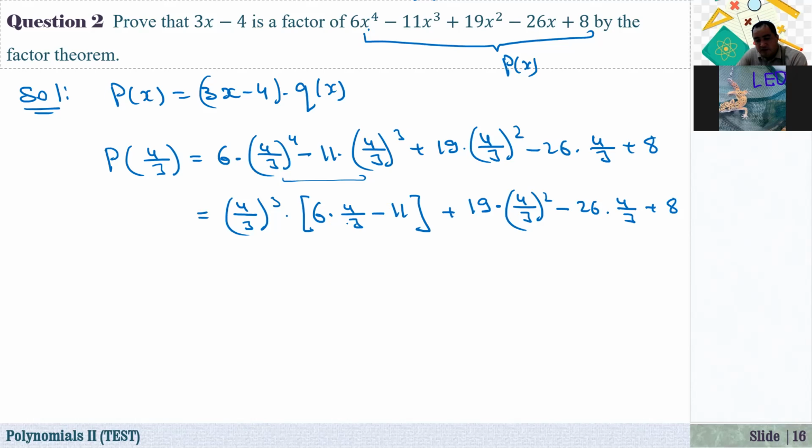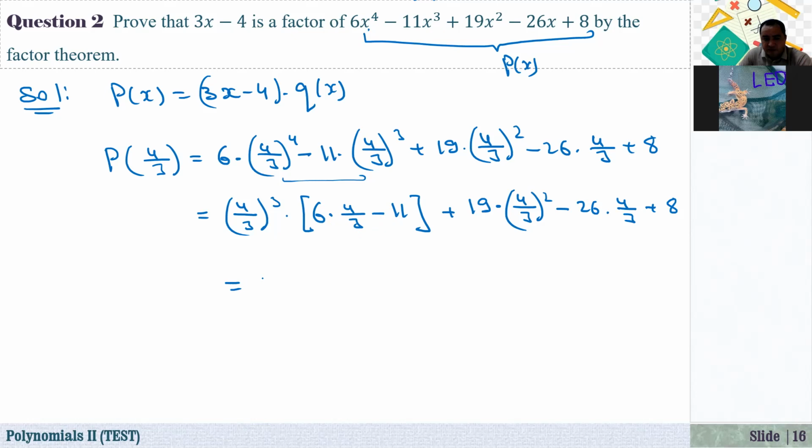So 6 times 4 over 3, it is 2 times 4, that is 8. 8 minus 11, it is minus 3. So here we have just minus 3 times, okay. I think I should just write this one, minus 3.